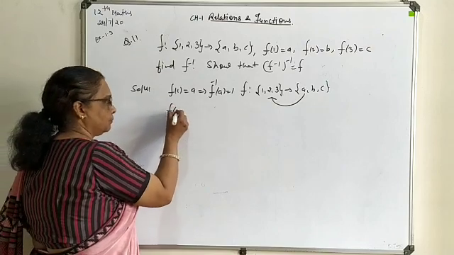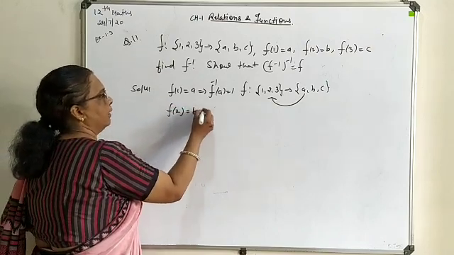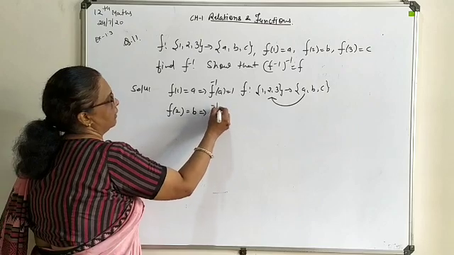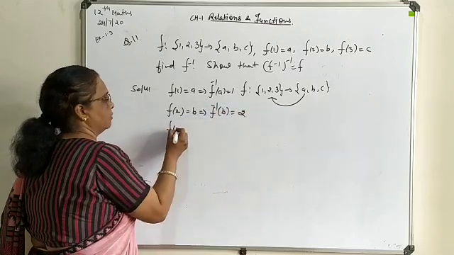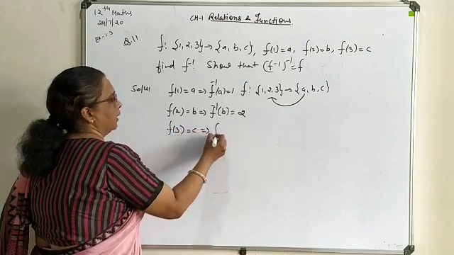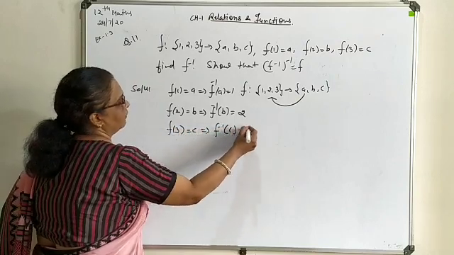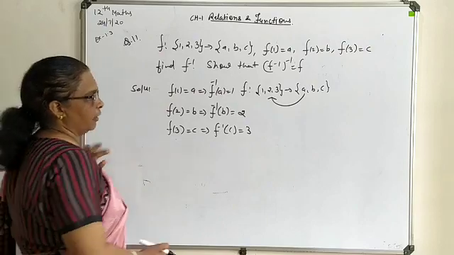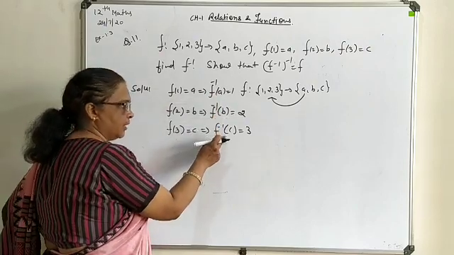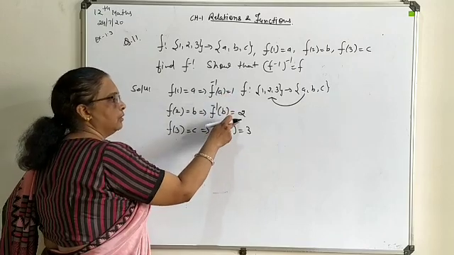Next, f(2) is B. Here if you write inverse of this B, you will get 2. And if you write the third one, f inverse of C, this will give you 3. So this way your f inverse will be defined from the set A, B, C to 1, 2 and 3.